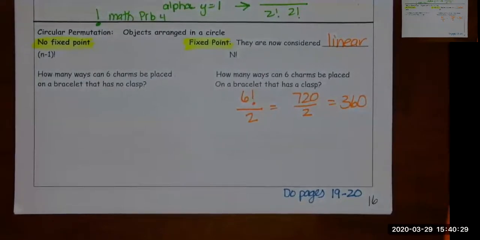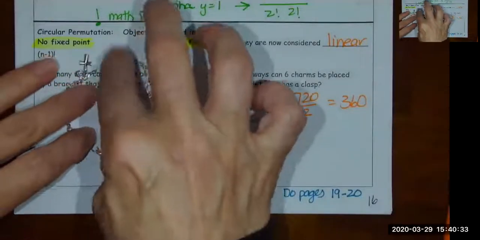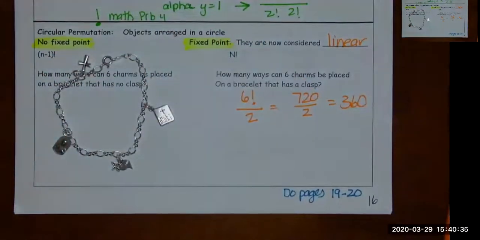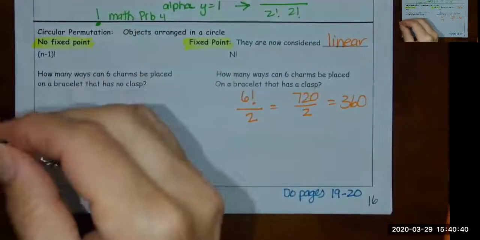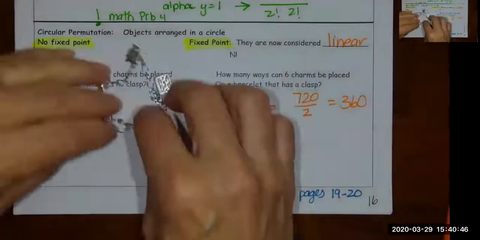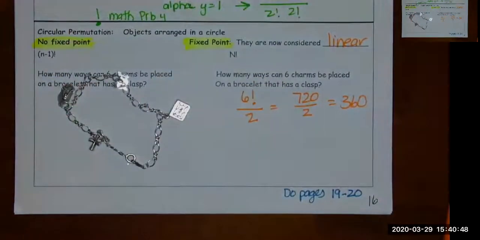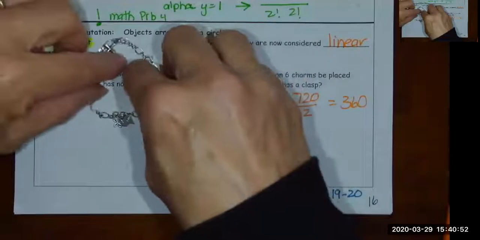Now, what if I don't have one? Okay, so now my bracelet's hooked together, and pretend like the clasp isn't there, so I can arrange it. Now I can do it this way. There we go. So I can have my little bracelet this way, or I can turn my bracelet around and have it that way.